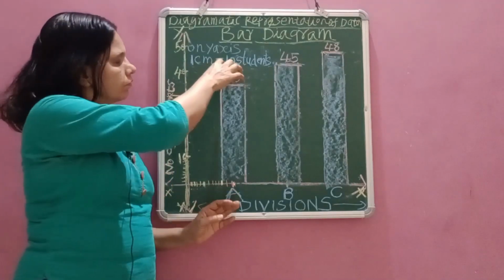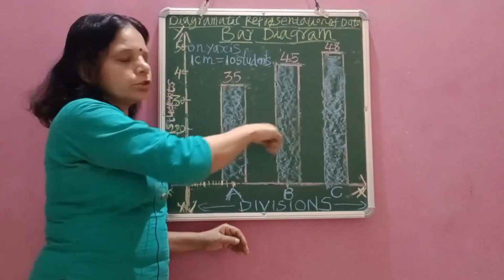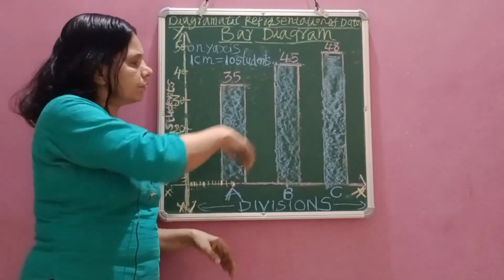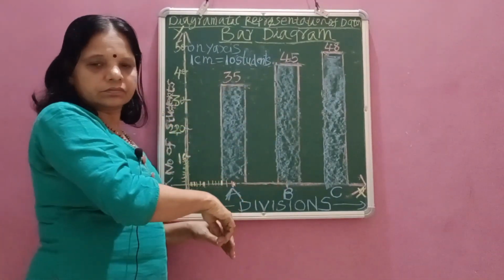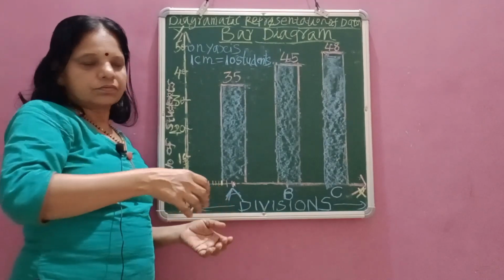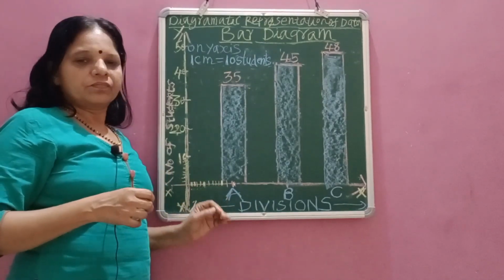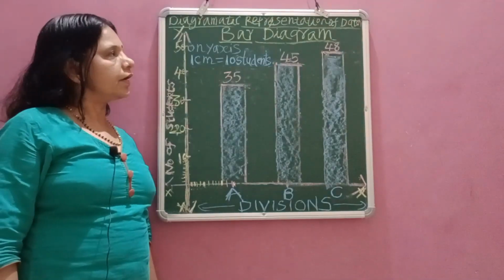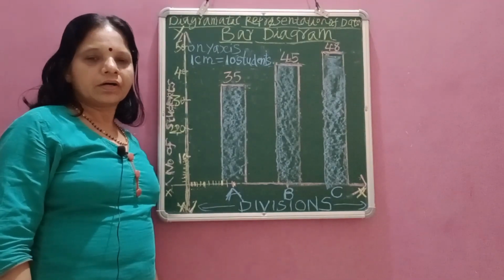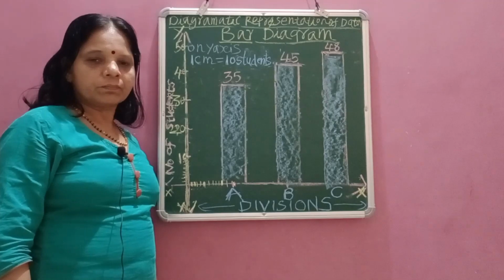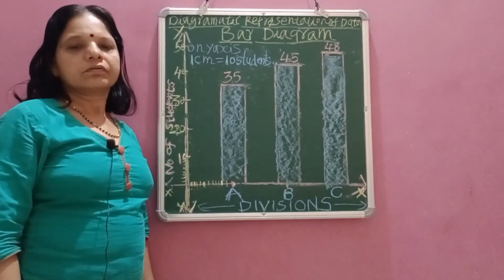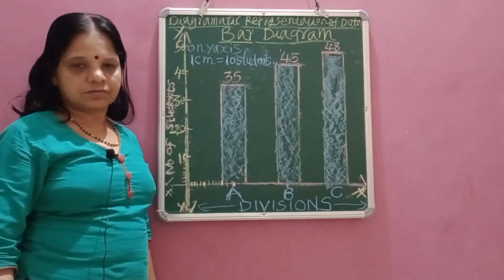Clear? And all the rectangular bars should be of equal width. You can shade the rectangle, it is not necessary. So this is the way of representing statistical data using a bar diagram. More about bar diagrams we can learn in the next class.